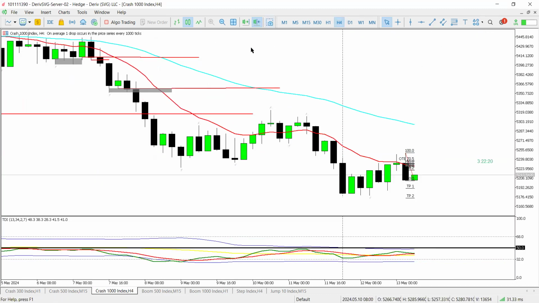H4, we look for supply zones. What supply zone do we see here, or what order block do we see? From the left-hand side, you will notice this is the supply zone we see right here. Price has actually tapped into that zone with a sniper entry. If you zoom in on your H4, you see that they tapped right there.